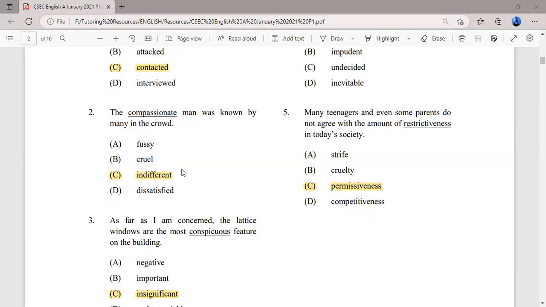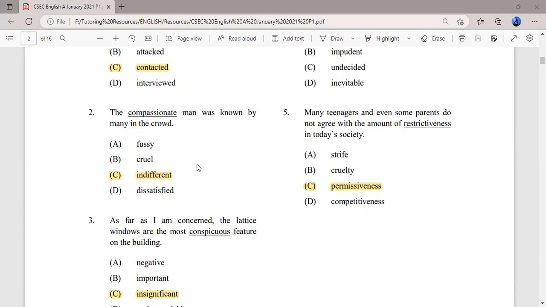Now, why was indifferent chosen instead of cruel? A compassionate person is sympathetic. They are loving, kind, etc. Cruel is an antonym as well. It doesn't mean compassionate. Someone who is cruel has no sympathy. But indifferent, in its definition, is closest to the opposite in meaning to compassionate, as an indifferent person lacks sympathy.